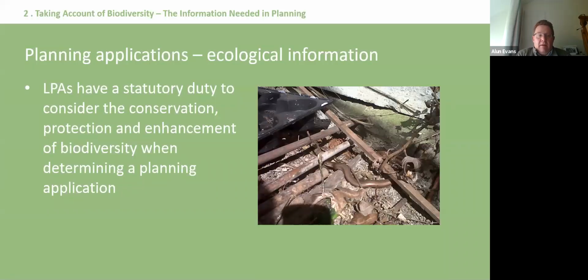Local planning authorities have a statutory duty to consider the conservation, protection and enhancement of biodiversity when determining planning applications. In this case, we've got a slow worm in someone's greenhouse, a garden, where a development is looking for an infill plot, so the impacts on that species need to be considered.